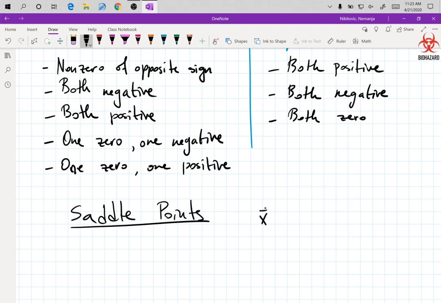So the solution is given by C1 V1 e^(lambda 1 t) plus C2 V2 e^(lambda 2 t). So what is the verdict?